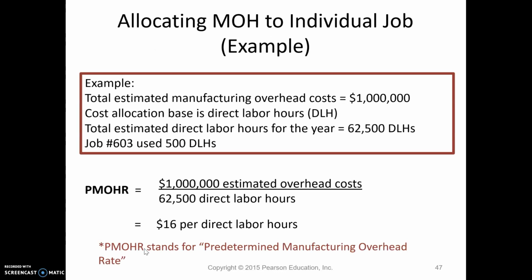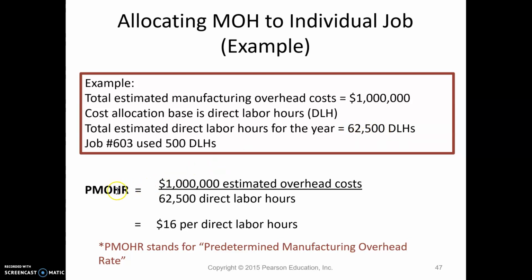So here's an example. We estimate that we are going to have $1 million of manufacturing overhead. And because our process is labor intensive, we're going to use direct labor hours as our allocation base. And we estimate that our direct laborers will spend 62,500 hours putting together our product.